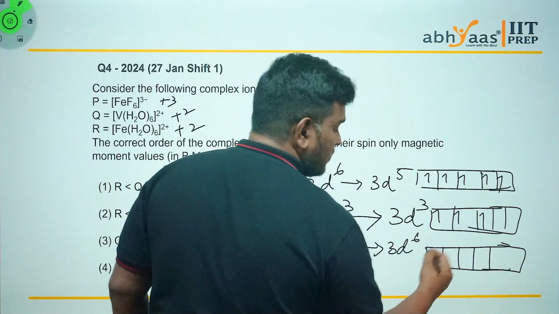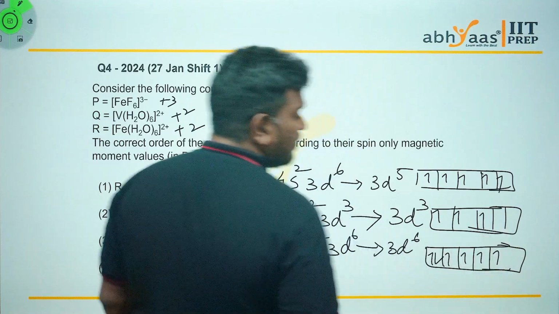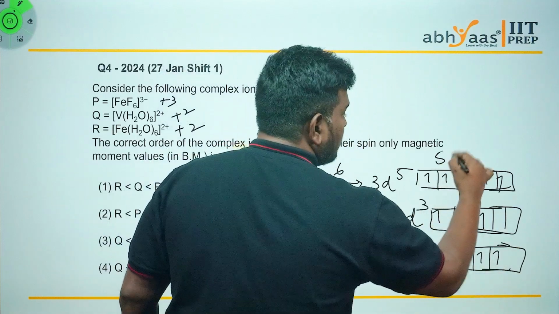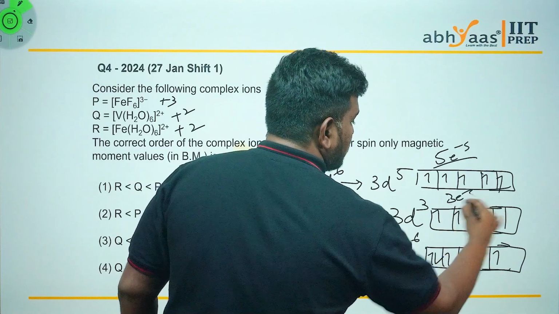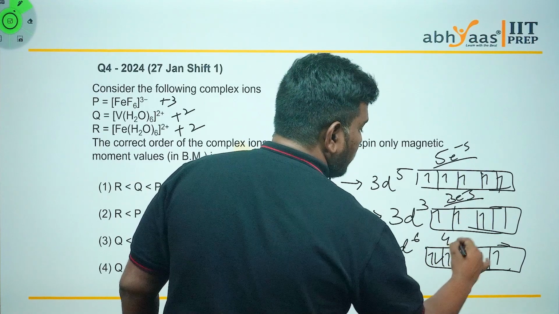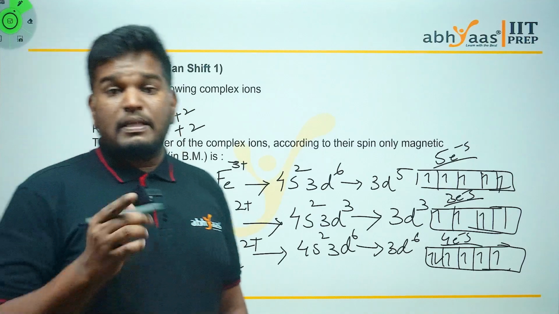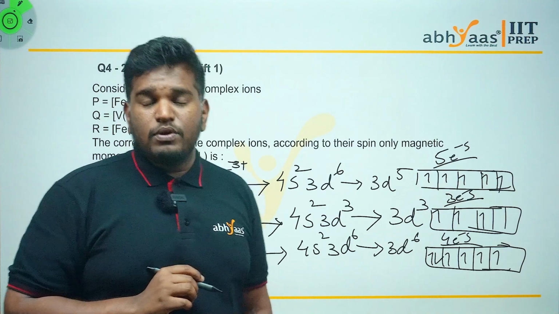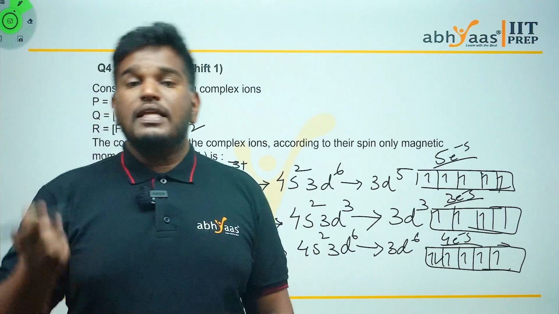So here 6 electrons are there, 1, 2, 3, 4, 5, 6. Now how many unpaired electrons? 4. So here you have 5 unpaired electrons, here you have 3 unpaired electrons, and here you have 4 unpaired electrons. That means we can say the magnetic moment now. In the previous question I told you, if the number of unpaired electrons is more, the magnetic moment will be the highest.